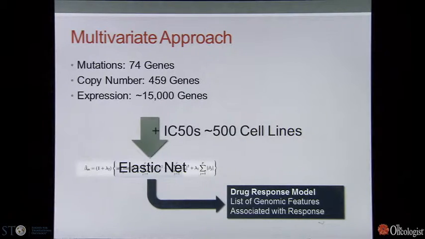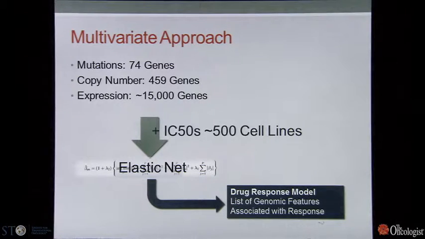We now have a lot more information in terms of mutation, but at this point, this was 74 mutational and translocation events, copy number across 459 genes, chosen to be the best known in terms of their involvement in cancer, and expression data across 15,000 genes.